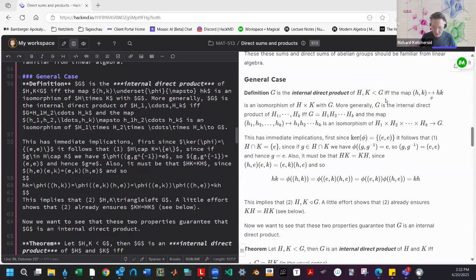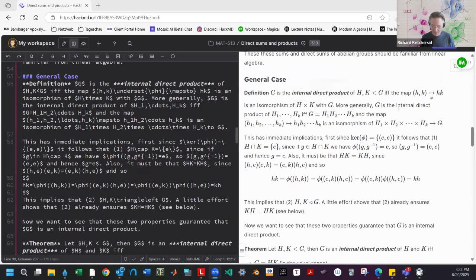And we're looking at this map, HK goes to HK. I mean, maybe there's another map we want to look at, but this is the one we're looking at right now. HK goes to HK. And we would like it to be an isomorphism between H cross K and G, right?